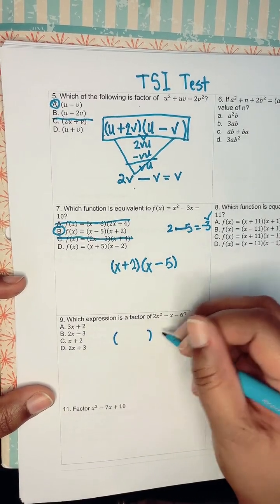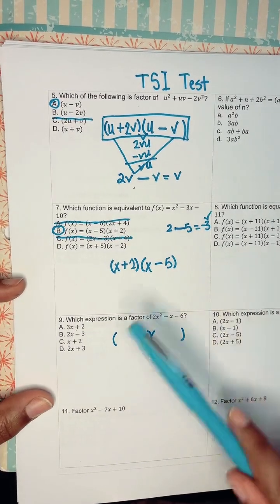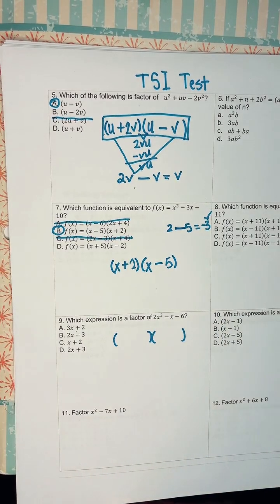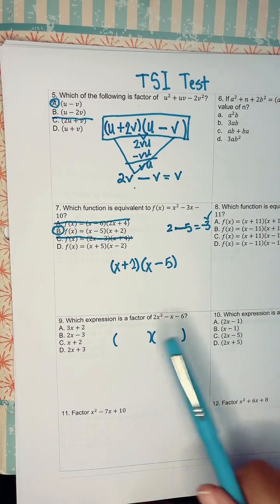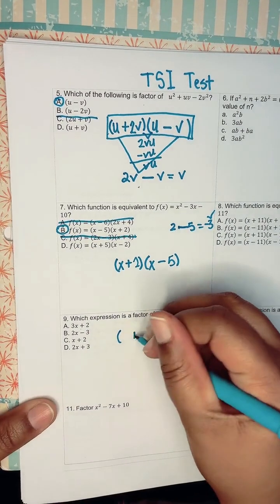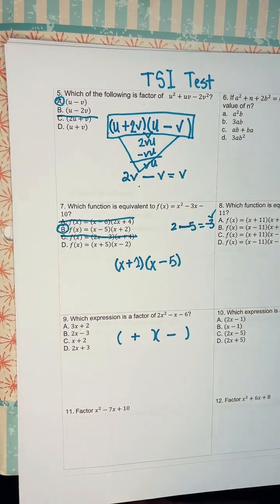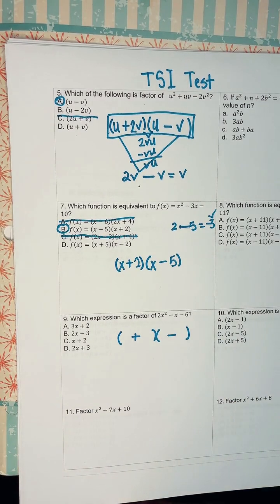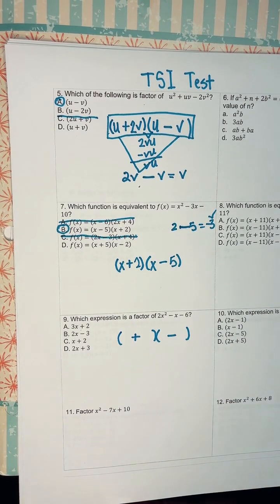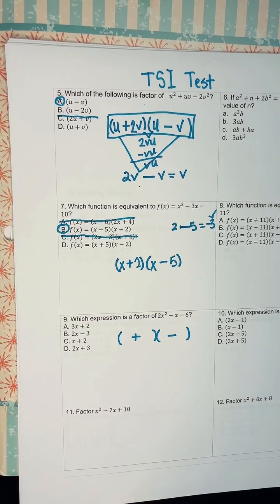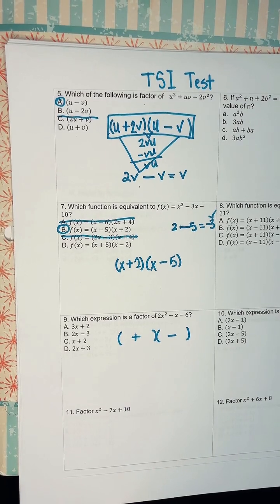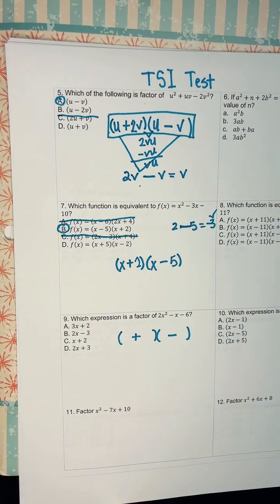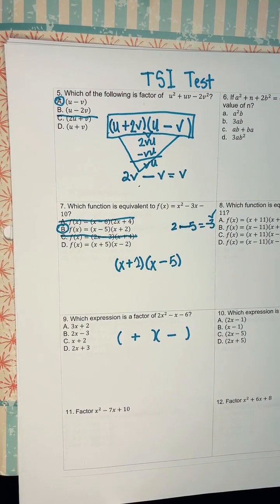Now if we have 2 negatives, remember our sign is going to be plus and minus. What times what gives us 2x squared? Let me see it in the chat. 2x times x.